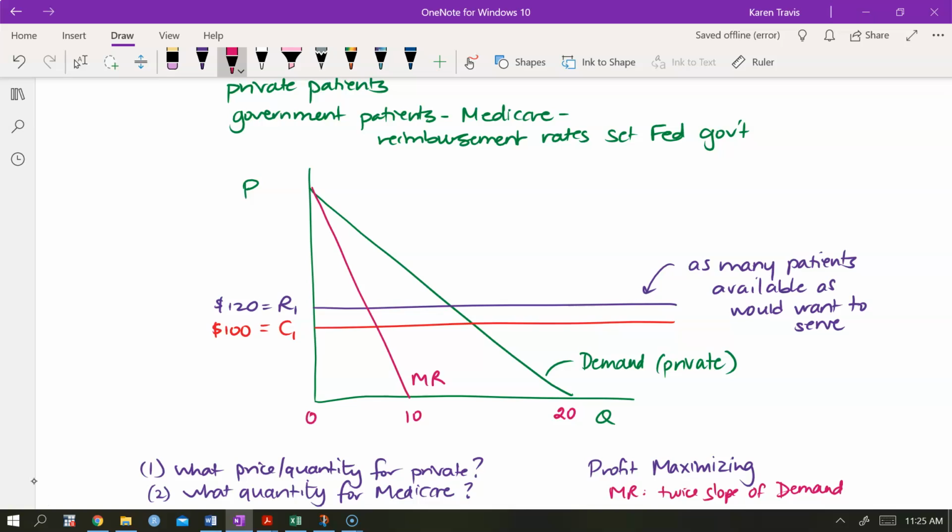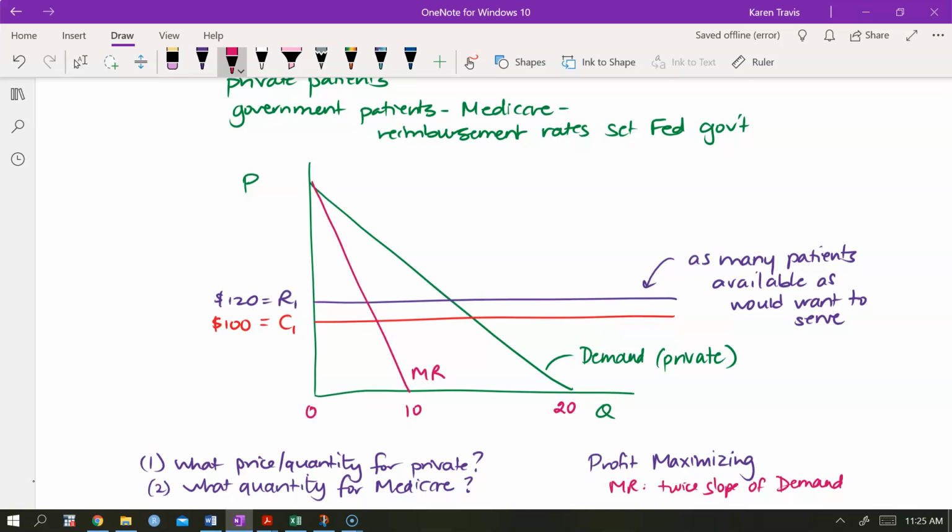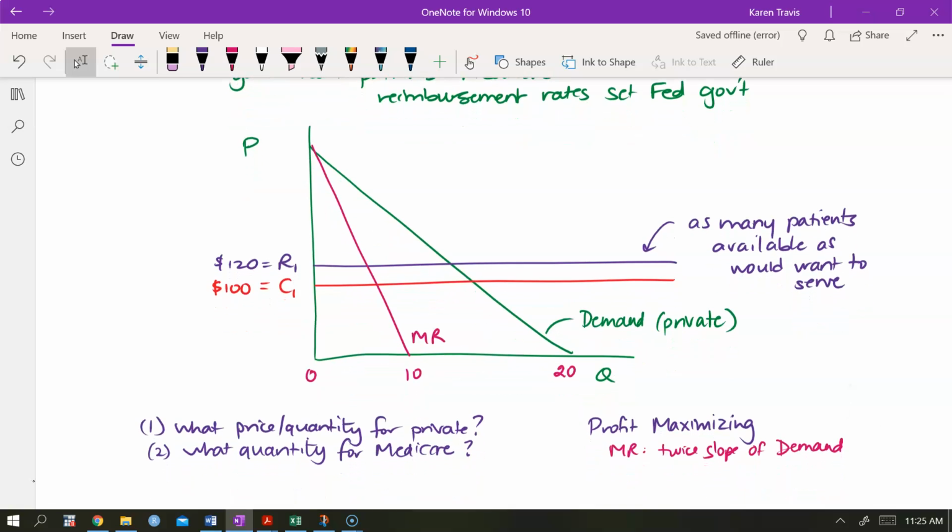Okay, so now we're going to think about what makes sense for the monopolist to do. So at the very beginning, if I had a choice between receiving this amount for a Medicare patient or this amount from a private patient, then this is a higher marginal revenue than R1. So the first patient I would want is clearly a private patient.